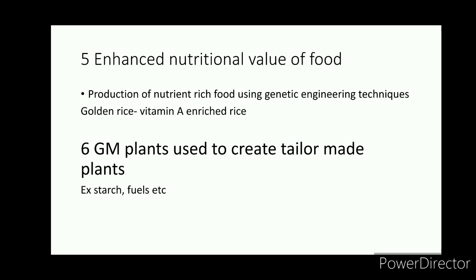Similarly, GM plants used to create tailor-made plants means you can design your own plants, either by inserting the gene of interest or by removing the non-functional genes from these plants in order to produce the desired characters or traits. The genes can be altered or manipulated. Therefore, GM plants are used to create tailor-made plants.